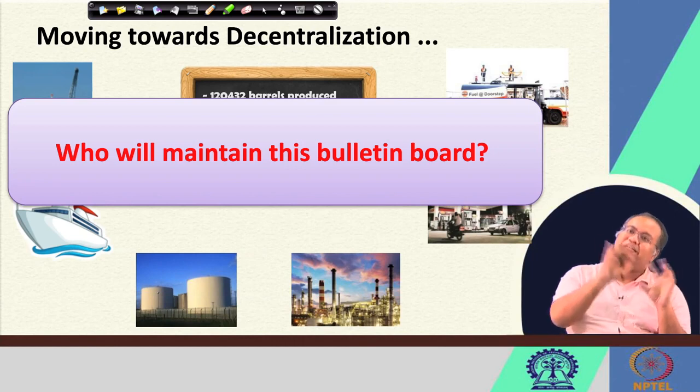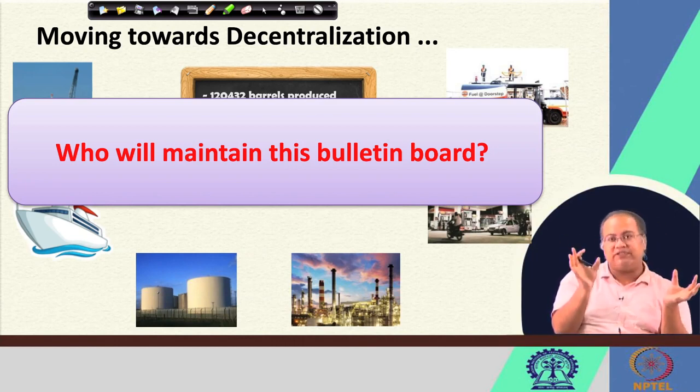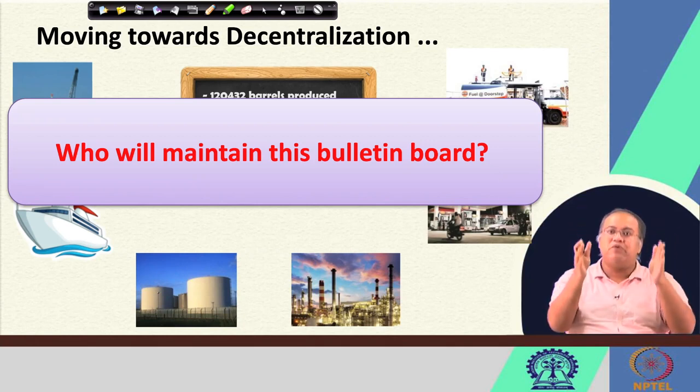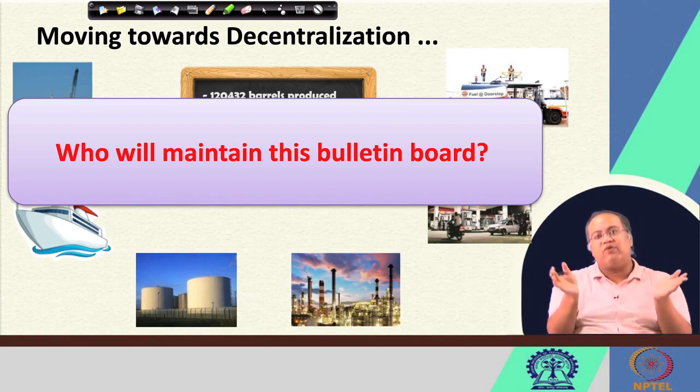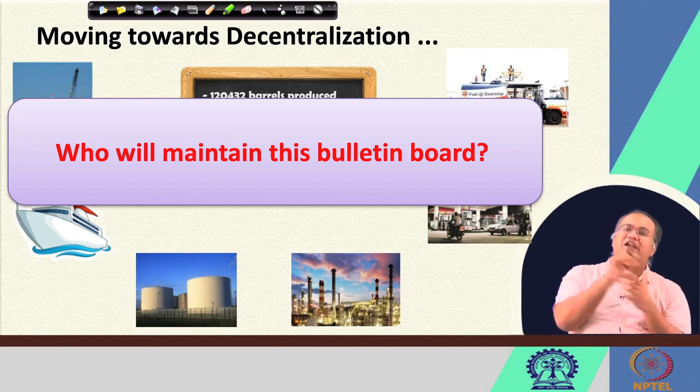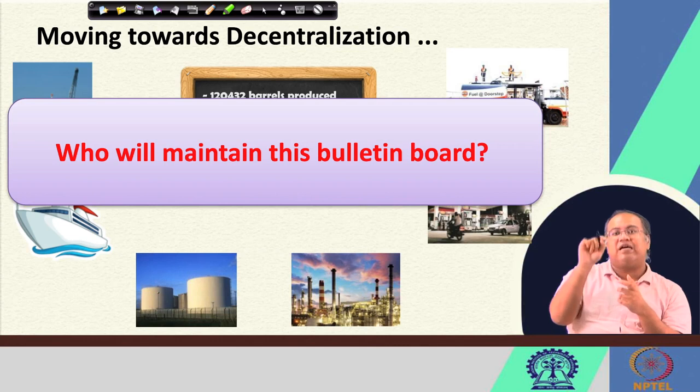But if you are decentralizing the entire architecture, if you are saying that no one is going to maintain this information solely, rather multiple people are going to maintain that information, then it becomes difficult for an attacker to make changes to that information. Why? Just think of it this way.